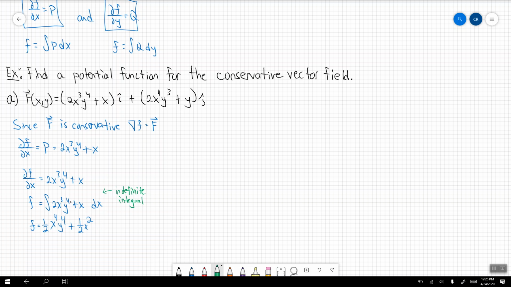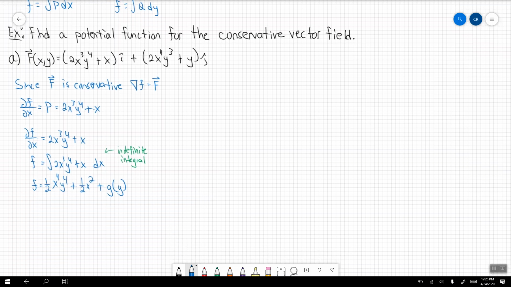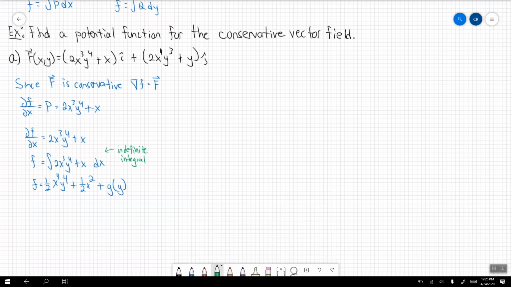But because this is a first order partial derivative, a constant could possibly look like a y variable. So I'm going to attach some sort of constant, but this constant is just going to be some function that we can define in terms of y. If it doesn't have any variable y's, then we'll find that it's a numerical value. So we must always account for the constant of integration.